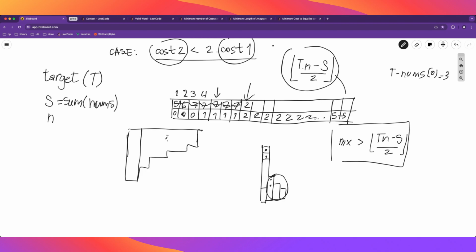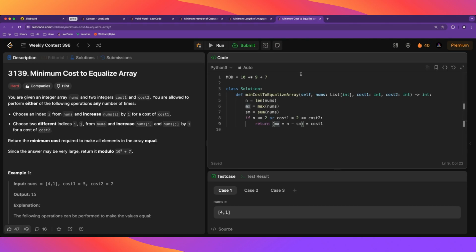So we can translate this idea into code. Let's say that we have here, so this is one option, right? To do all cost 1. Remember to mod it.